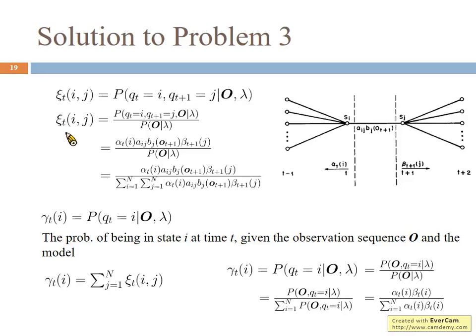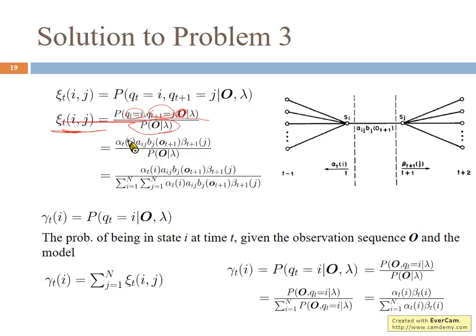And how can we calculate psi_t(i,j)? It can actually be calculated like this. Given the model, the probability of such observation sequence and such state transition, divided by the total likelihood.